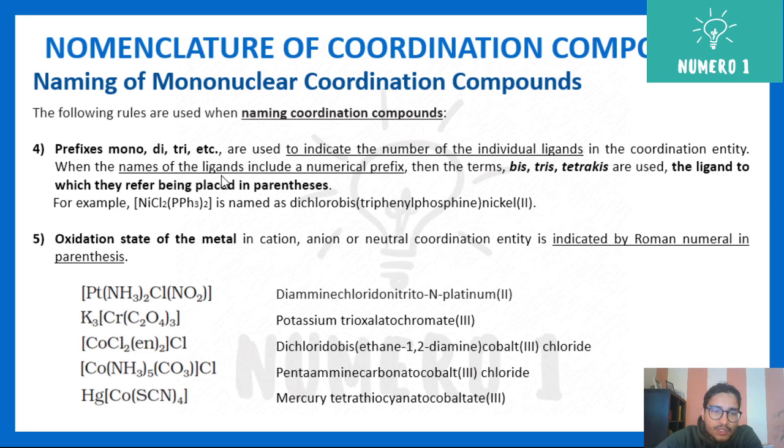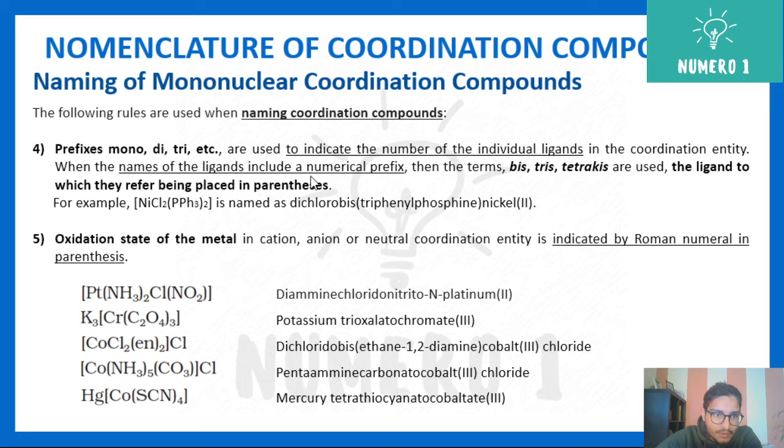Then when the names of the ligand include a numerical prefix, we use bis, tris and tetrakis, with the ligands to which they refer being placed in parentheses. For example, you can see en twice. Since the name is written in parentheses, I will write bis. Whereas in this case, since the name of the ligand is not written in parentheses, I just have to write tri.